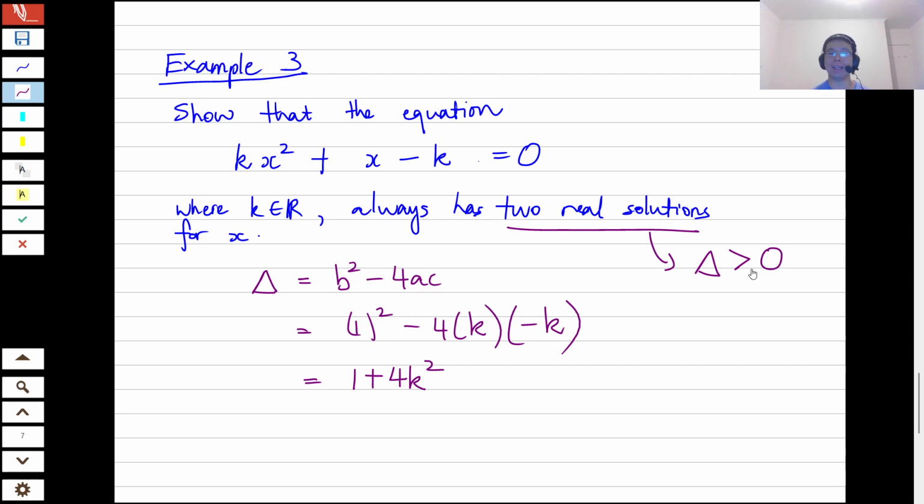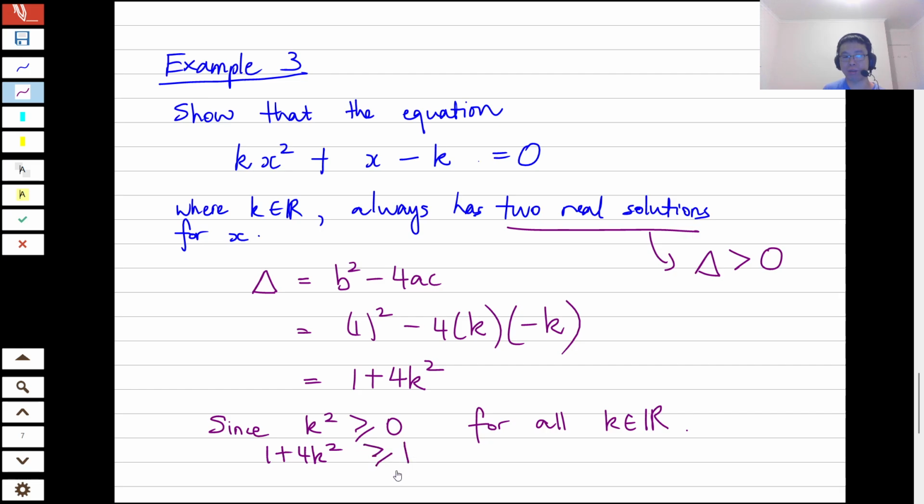So now we need to make a connection. How do we know that 1 plus 4k squared is positive? Well, since k squared is non-negative, that is, it's greater than or equal to 0, for all real numbers k, 1 plus 4k squared is greater than or equal to 1.